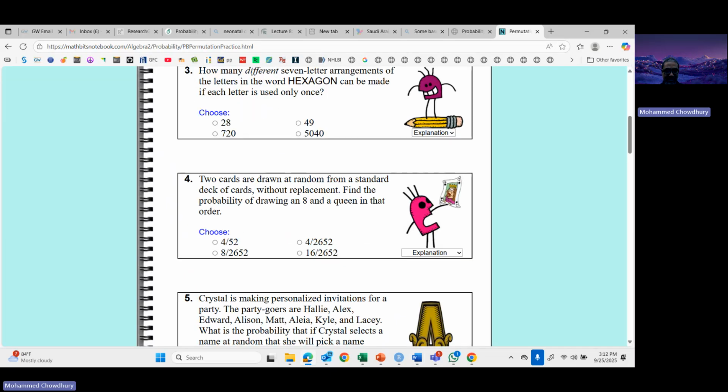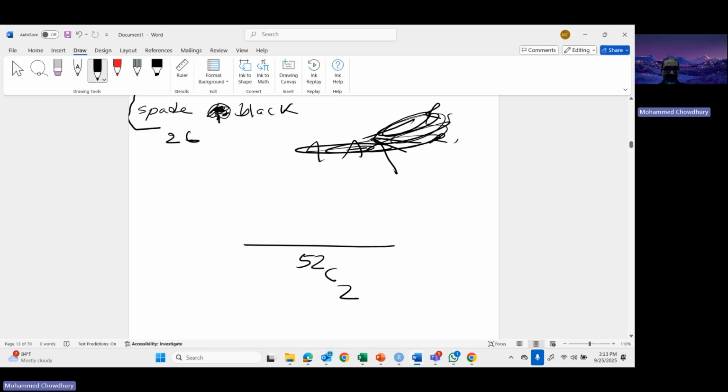So a standard deck of cards without replacement, find the probability of drawing an 8 and a queen in that order. How many 8s? 4 eights, right? So that means 4 choose 1 times 4 choose 1, right?